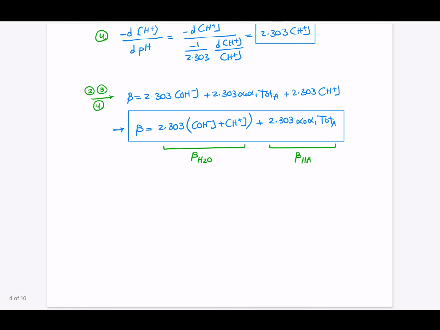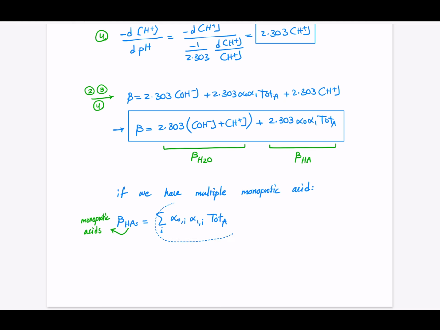So if we have multiple, but monoprotic acids, then the overall contribution of the HAs, so this is called monoprotic, would be the sum over i of alpha 0 of i, alpha 1 of i, and then total A. And then we need the prefactor, 2.303.